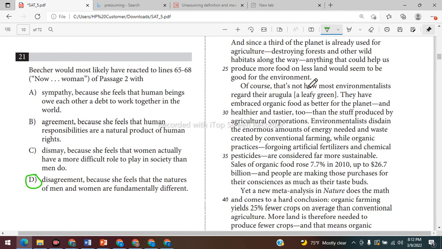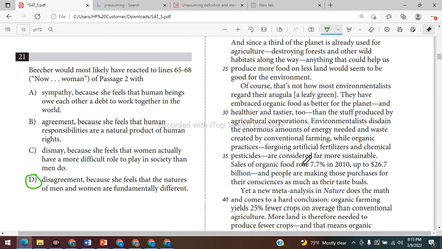Of course, that's not how most environmentalists regard their arugula, a leafy green. They have embraced organic food as better for the environment and healthier and tastier too than the stuff produced by agricultural corporations. Environmentalists disdain the enormous amounts of energy needed and waste created by conventional farming, while organic practices, foregoing artificial fertilizers and chemical pesticides, are considered far more sustainable.